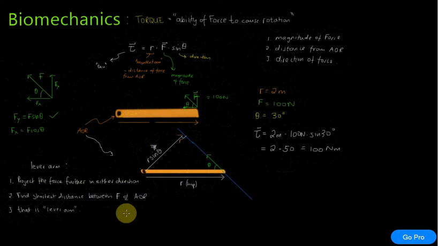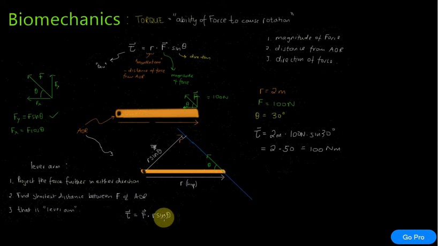So to rewrite that torque formula, it's going to look pretty much the same as before, except where the sine acts is slightly different. Now it's the magnitude of the force, which is still 100 newtons, multiplied by the lever arm length, which is R sine theta.